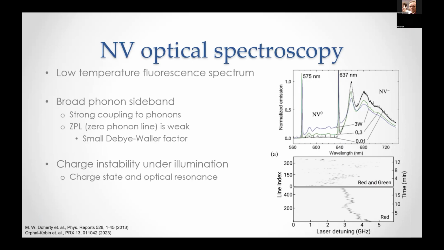So look it up. It's very useful. But this type of approximation tells you something nice: if this is the emission spectrum of your system, it's true for NVs, but it's true for almost all atomic solid state systems.